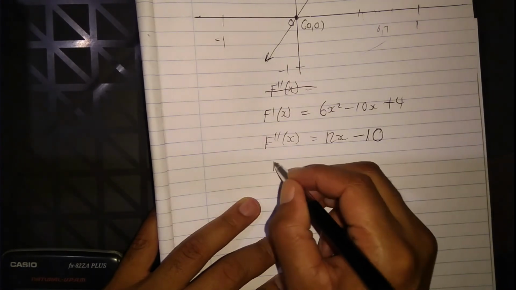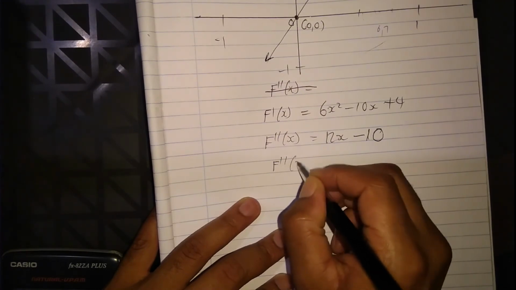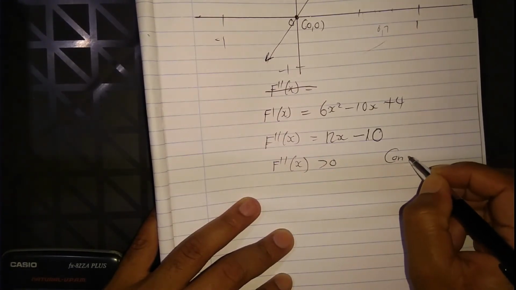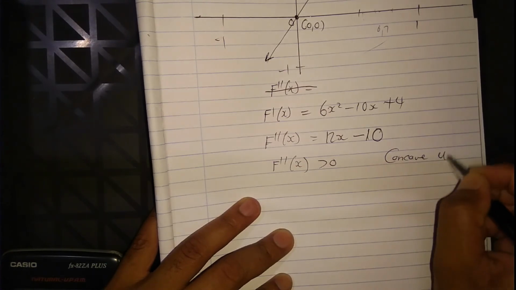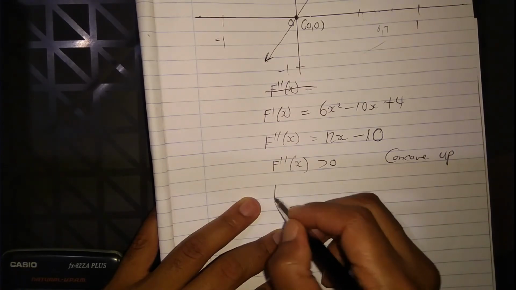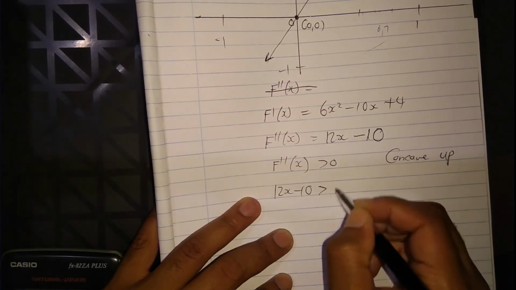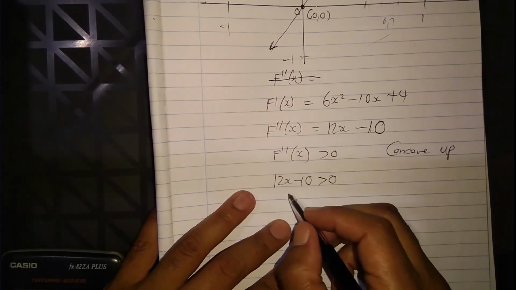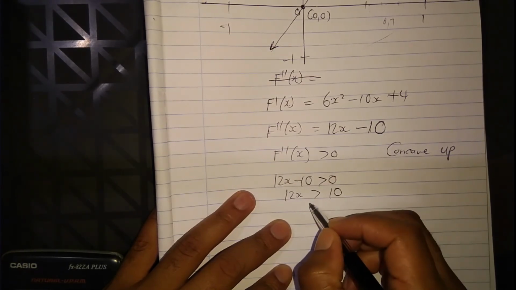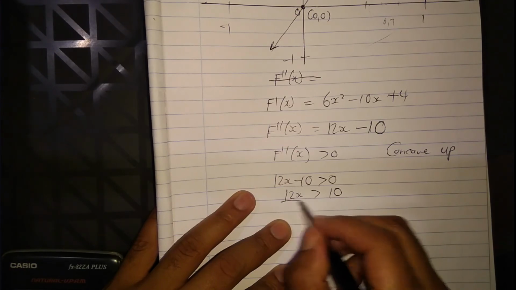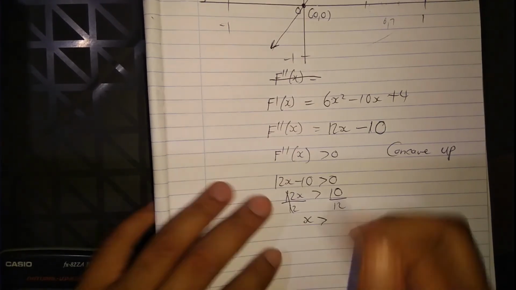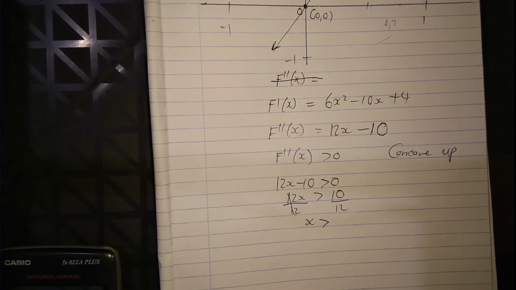So therefore f double prime x greater than 0, that's concave up. So therefore f double prime of x is 12x minus 10 greater than 0. So 12x transpose 10 is positive 10. Divide both sides. 12x is greater than 10 divided by 12.